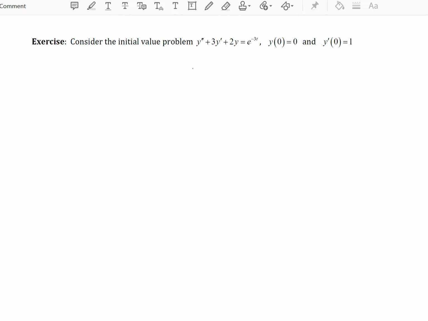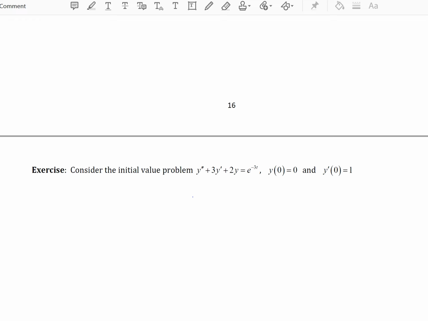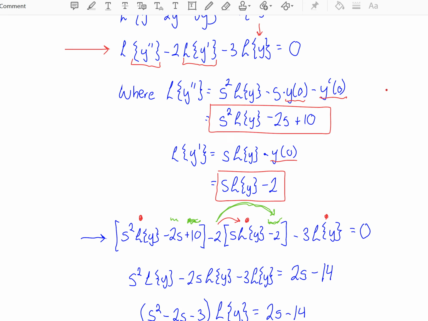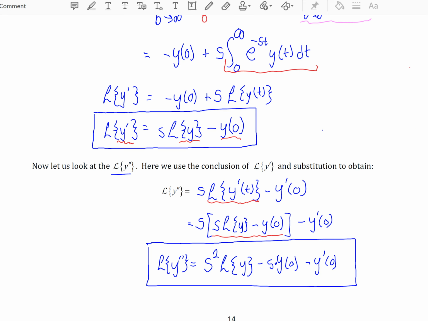Now, to solve our initial value problem, I need you to recall the two formulas we introduced for the Laplace transform of derivatives of functions. If we scroll back in our notes, we developed these two formulas for the Laplace transform of y prime and the Laplace transform of y double prime.